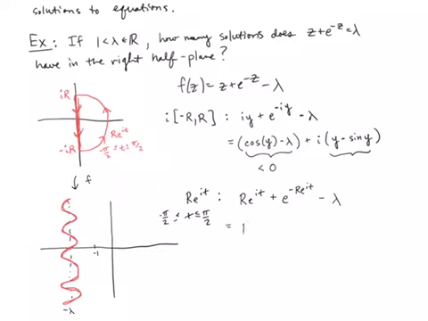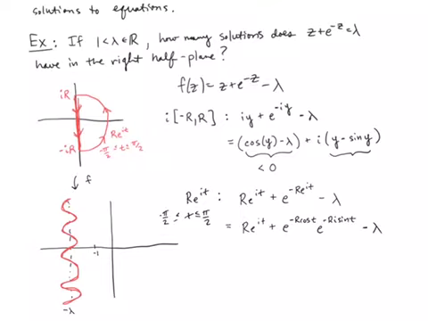And that is r e to the i t plus e to the minus r cosine of t times e to the minus r i sine of t minus lambda.